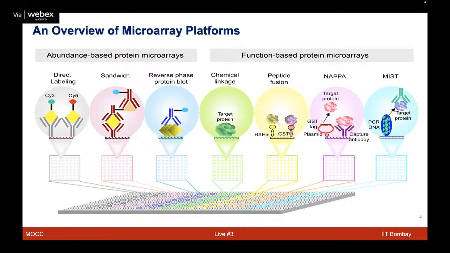Unlike oligo arrays, we are trying to look at proteins in different ways, whether antibodies to be printed, purified protein to be printed, synthetic peptide to be printed, or even one could take cDNA clones or any type of DNA material or PCR-based product and try to make the protein on the chip itself with the process known as cell-free expression-based arrays. And you have studied in detail about NAPA arrays and various types of arrays, right? So again, this just summarizes that different approaches can be taken forward.